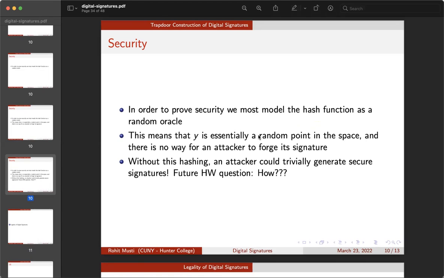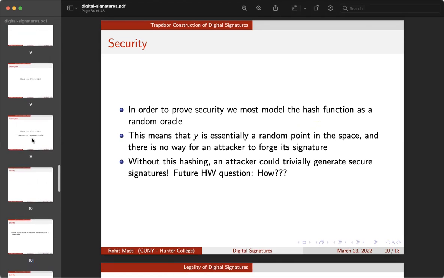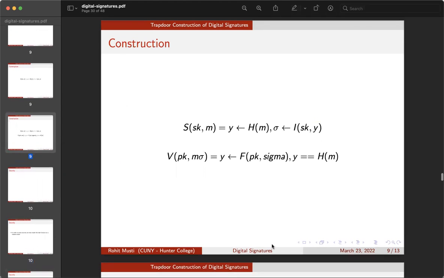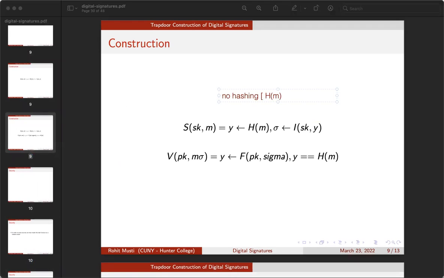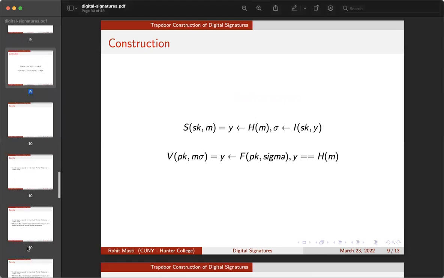But if we didn't do any hashing, let's talk about what that means. If we said no hashing, that would mean h of m equals m. A hacker could pretty trivially break security. That's a homework assignment for y'all to figure out coming up soon.